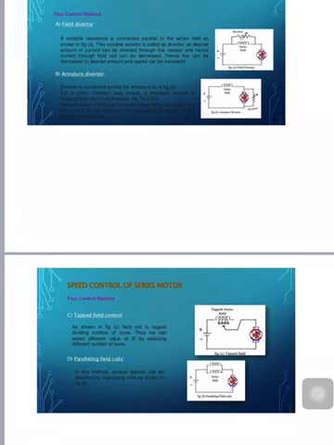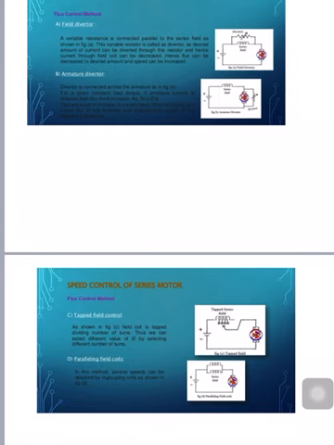Next one, tapped field control. Here in the tapped field control method, we have to reduce the flux, and it is done by lowering the number of turns of field windings through which current flows, so in this method a number of tappings from field winding are brought outside.